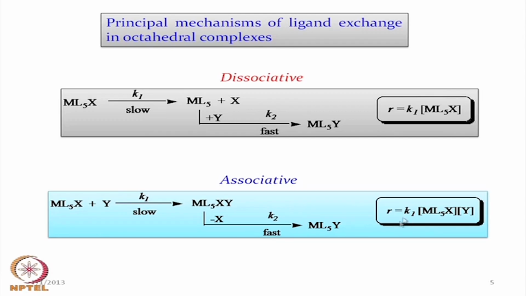In the rate law there is no contribution for K2, but for some other cases where we consider the interchange for these reactions, that means IA or ID, whether it is associative interchange or dissociative interchange, we can have the corresponding reactions where the rate law can involve both K1 and K2 as well as the concentration of the intermediate as well as the starting compound and the product concentration.